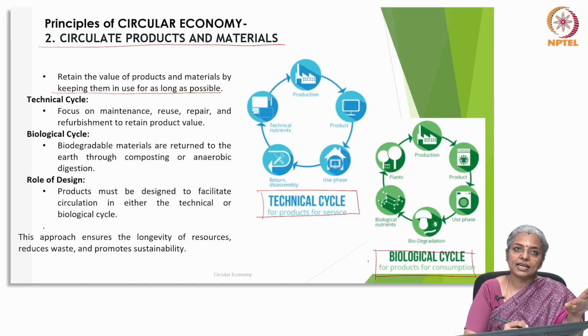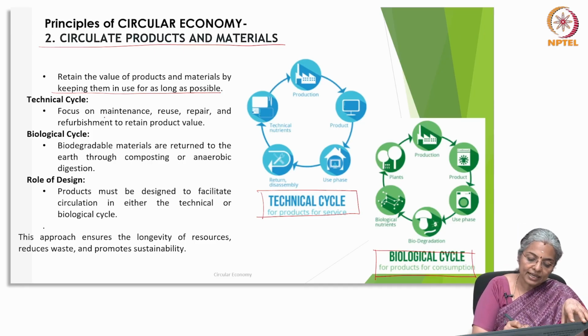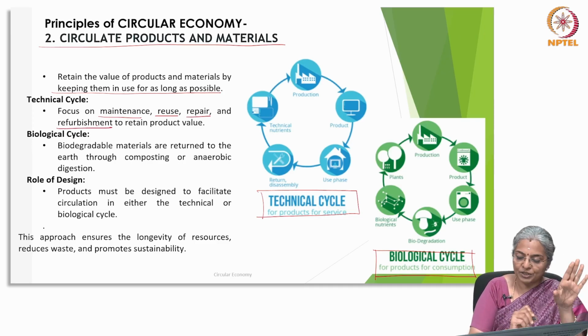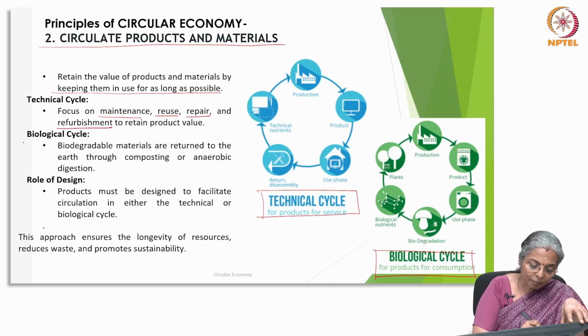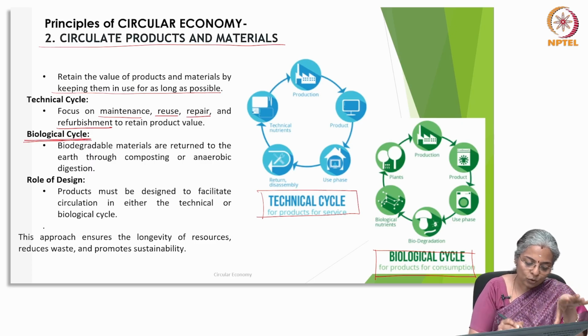In the technical cycle, you will focus primarily on maintenance, reuse, repair and refurbishment. Okay, but in a biological cycle, you will focus on biodegradable materials which can be returned to earth through composting or anaerobic digestion.